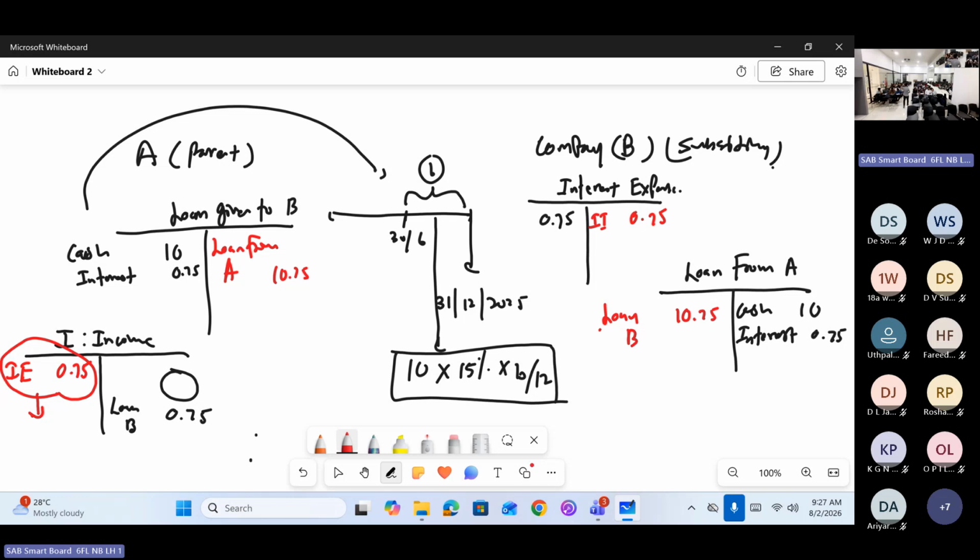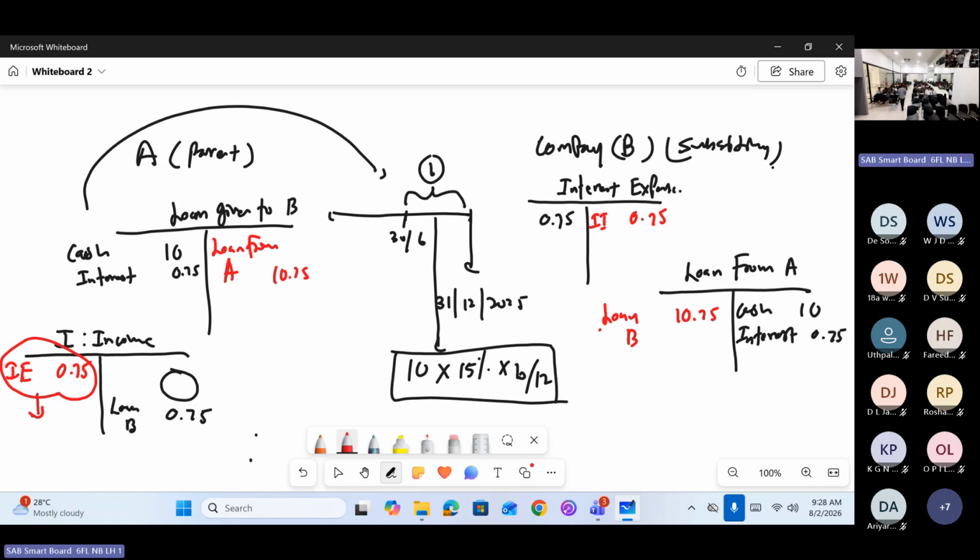You need to pass this entry if you are preparing the income statement. Otherwise, you are supposed to pass it to retained earnings, as there are no interest income and expense accounts, right?